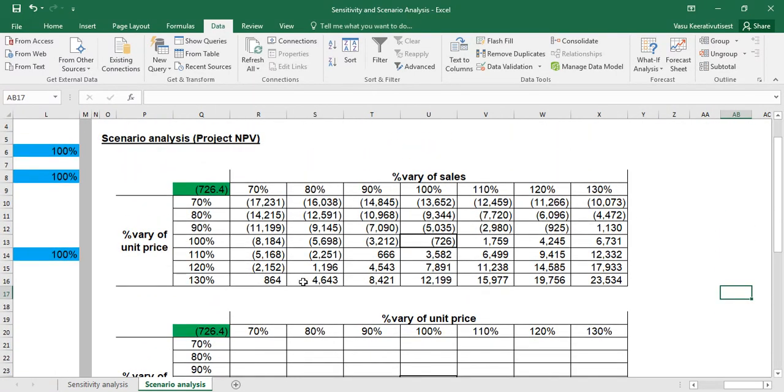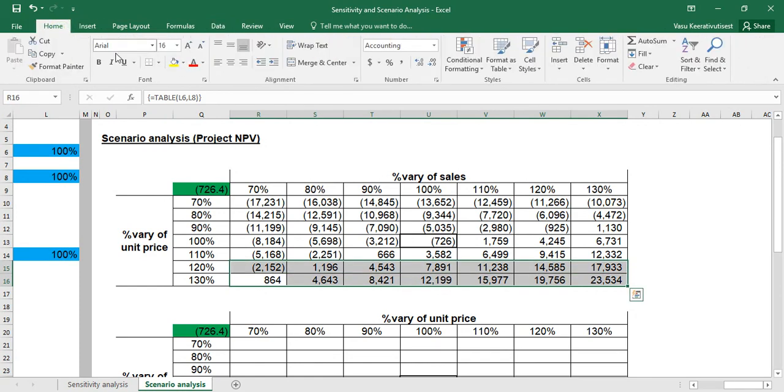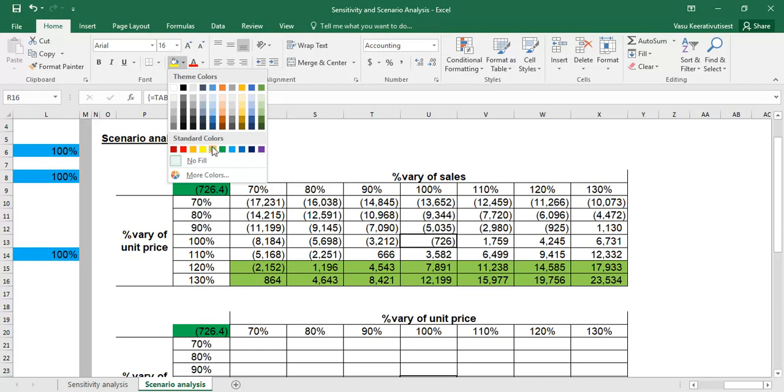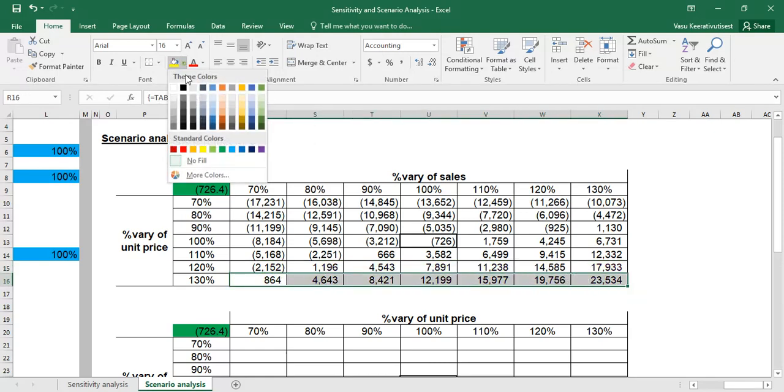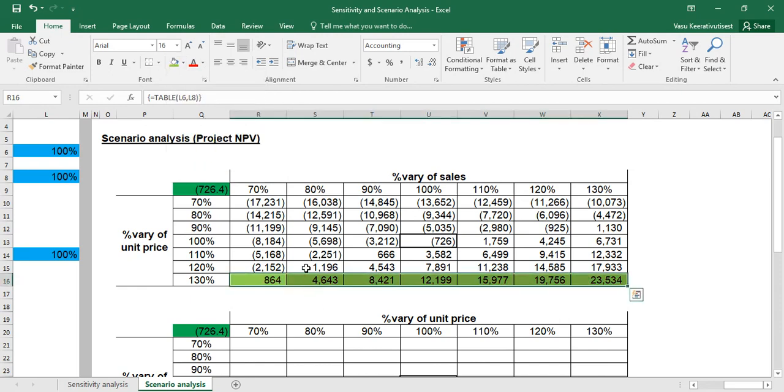You can see that in some areas like this, your project will have positive NPV. To make it easier for the reader, you might need to put the green color like this. This makes the reader understand your table easier.